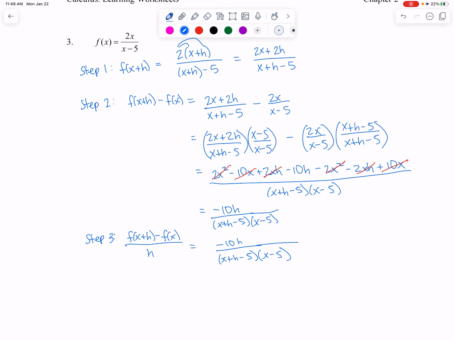And we have a division of h. And so the h's cancel, and we've got negative 10 over (x + h − 5)(x − 5). And last, we take the limit as h goes to 0.